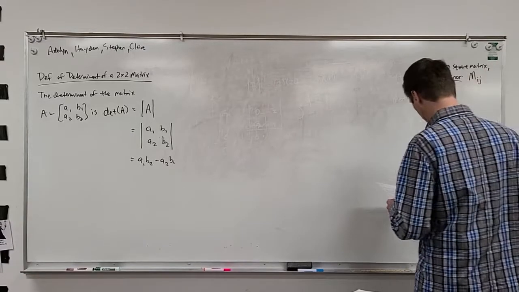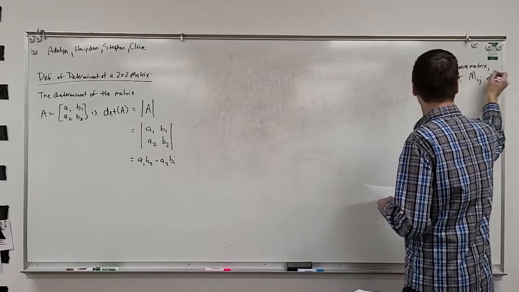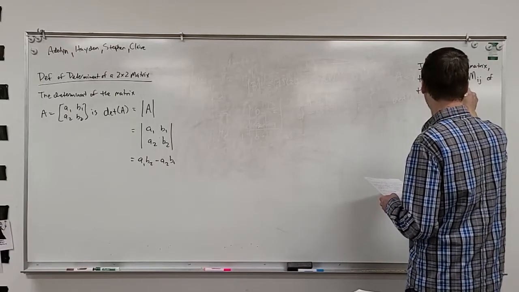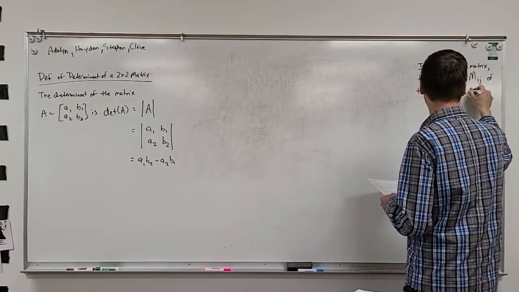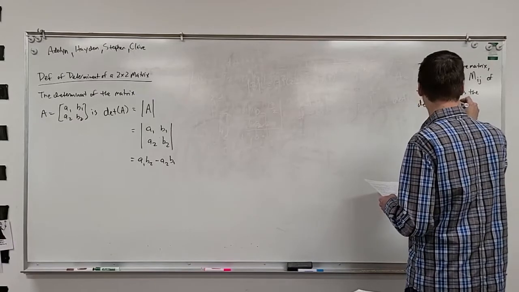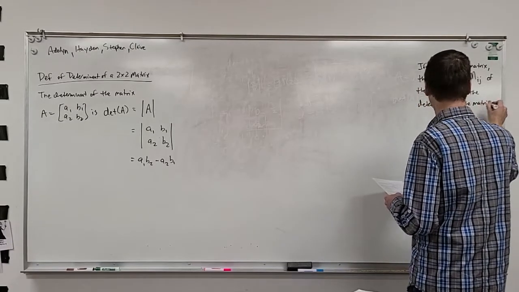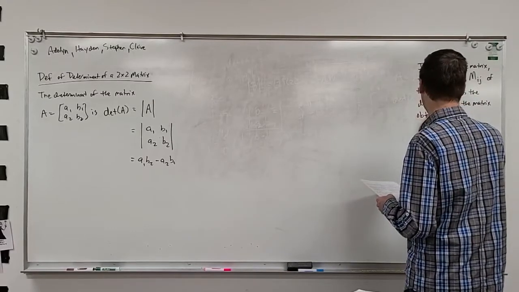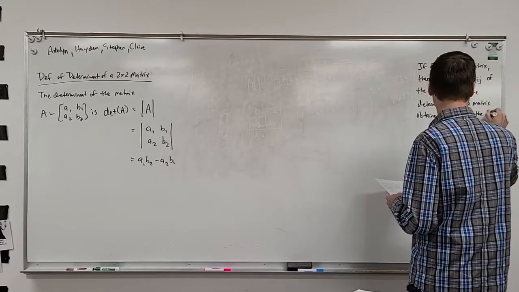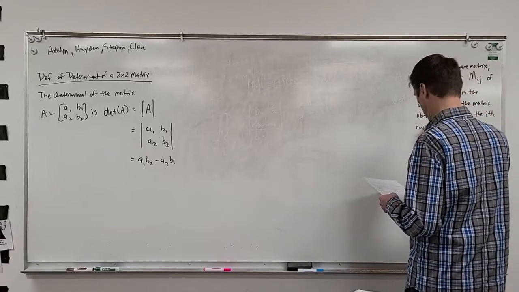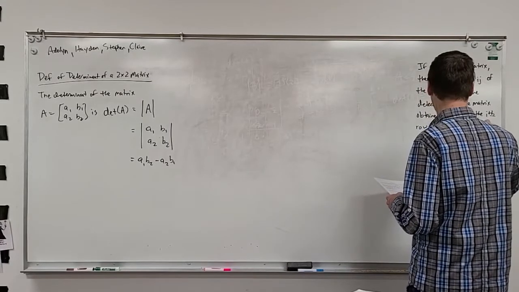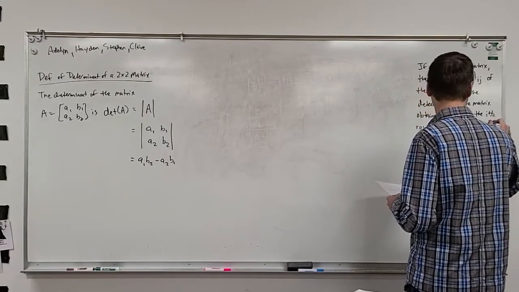The minor M_ij of the entry A_ij is, this is hard to write down, the determinant of the matrix obtained by deleting the ith row and the jth column of A.